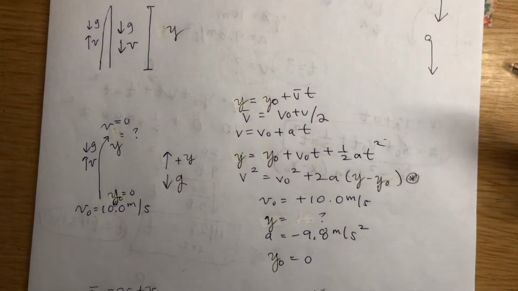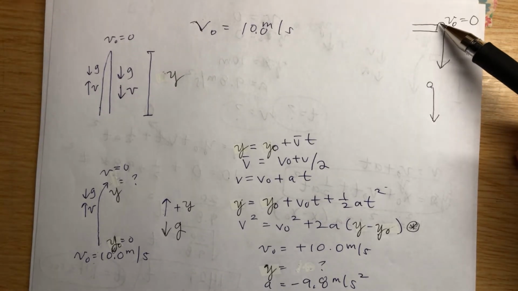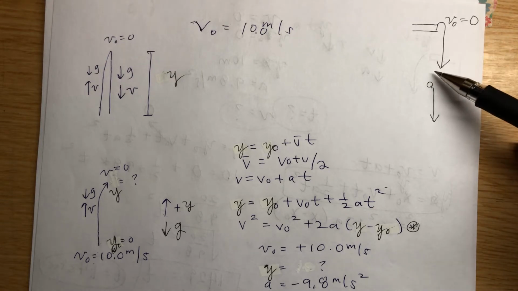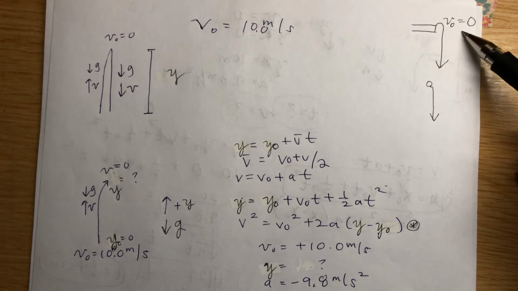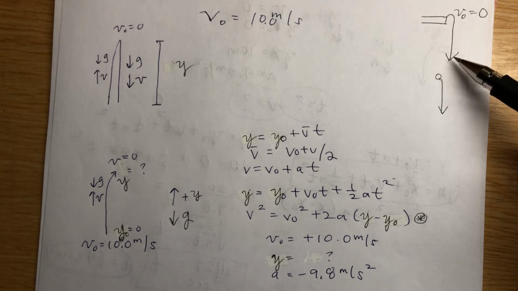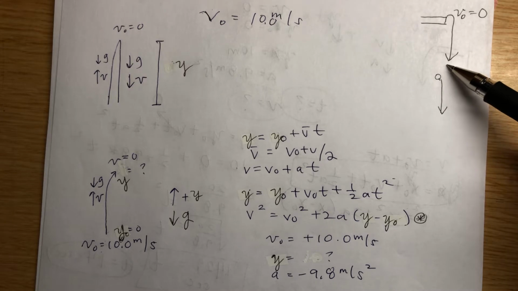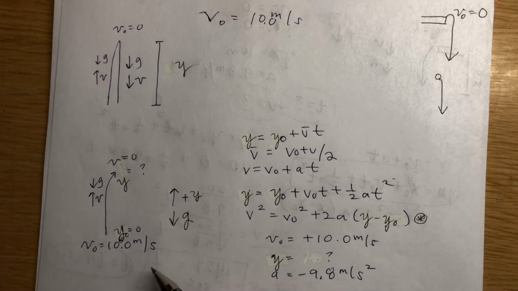For the previous problem with the boy on a platform, just stepping down or dropping a ball, the initial velocity equals 0, because you're not dropping with initial speed. The problem will tell you if there's initial speed. For our problem, she's going to throw the ball with initial speed, 10.0 meters per second.